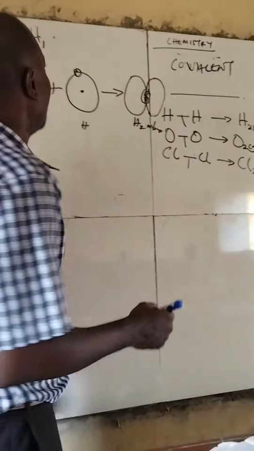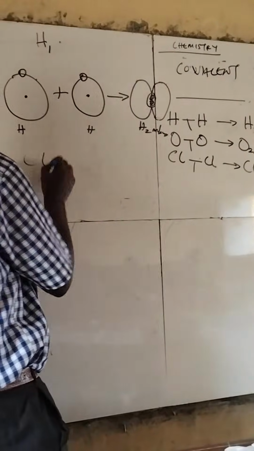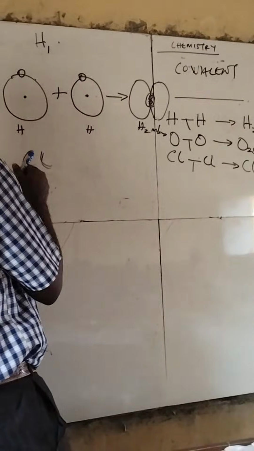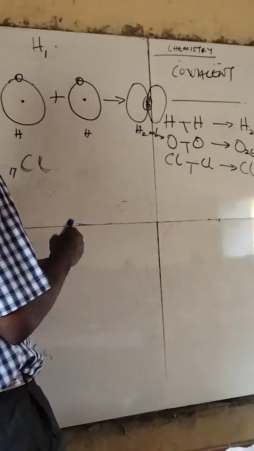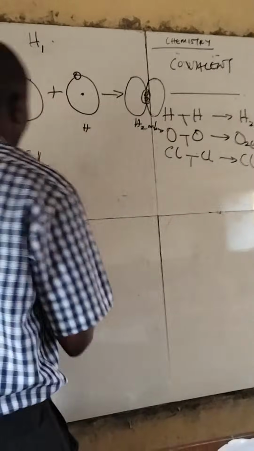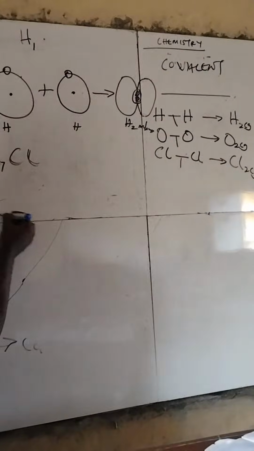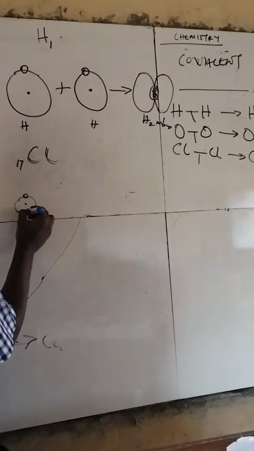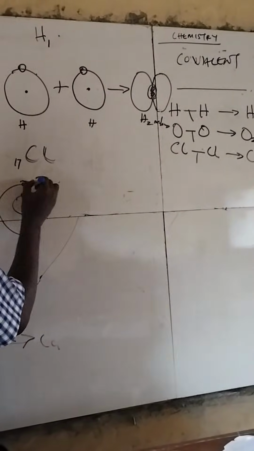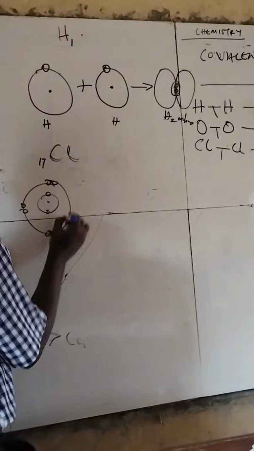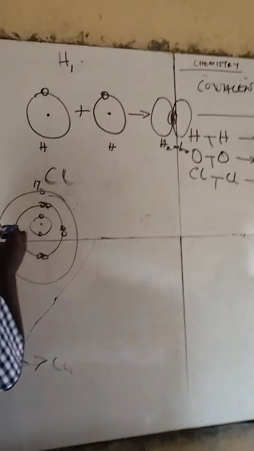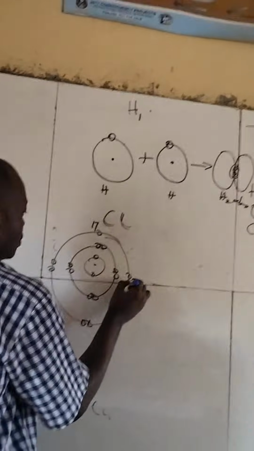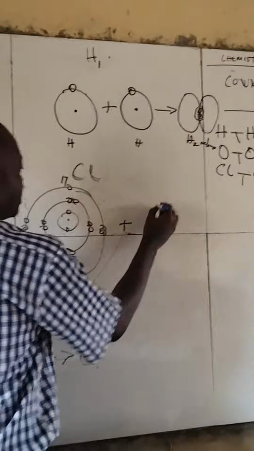Chlorine. What is the configuration of chlorine? The atomic number of chlorine is 17, right? So let's draw the electronic shell for chlorine. It combines with another chlorine atom.